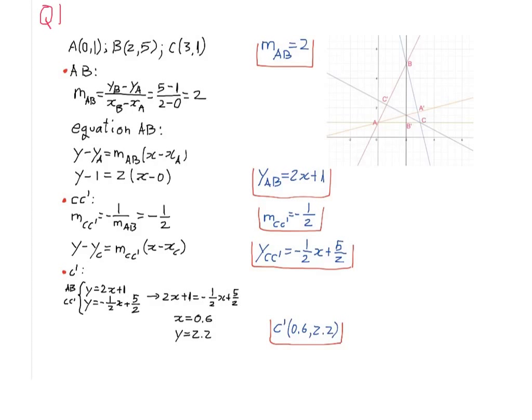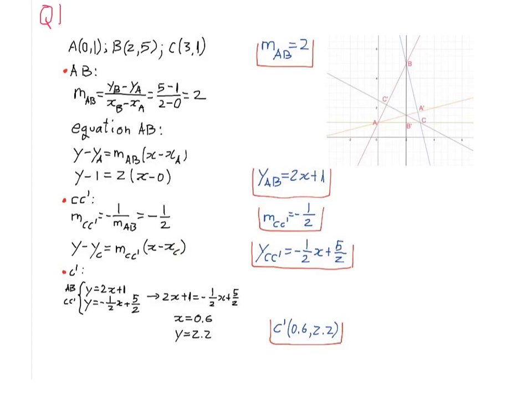Now that I found the gradient of CC prime, we can use the same formula for finding the equation of a line, and in this case again I'm using the point for which I've got the coordinates, which is C. I know that CC prime needs to go through point C, so I'll use the coordinates of this, and what we get is y minus yC is mCC prime, the newfound gradient of CC prime, times x minus xC.